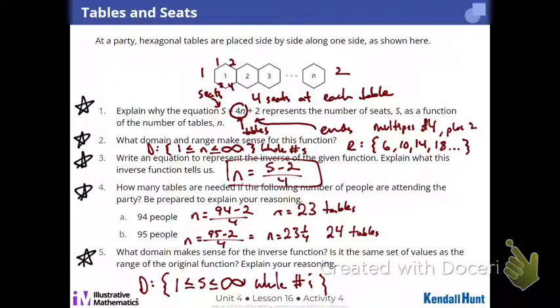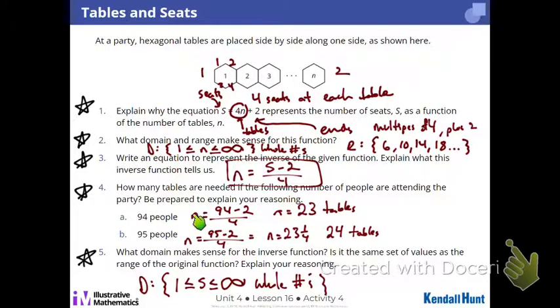Now again, here's what we're examining. The range used to be S, right? Now our domain is S. Is our old range the same as our new domain, even though they're the same letter? No, because up here, they were only full tables, right? Because our relationship was between tables and seats.